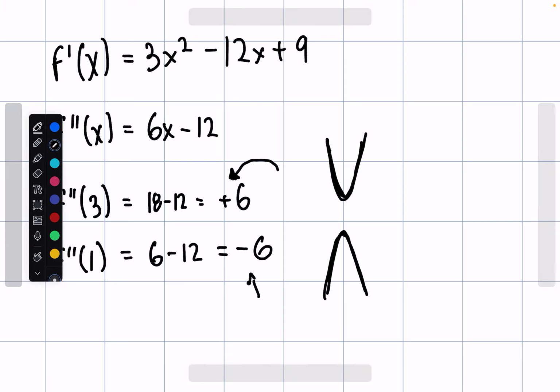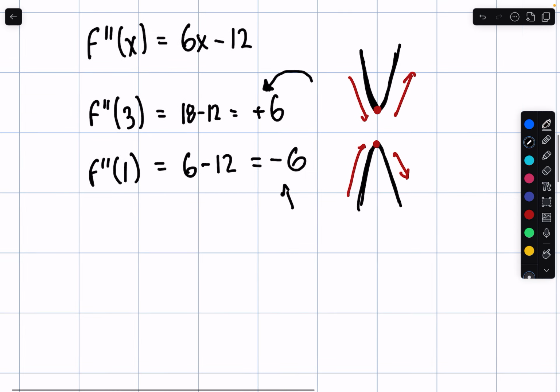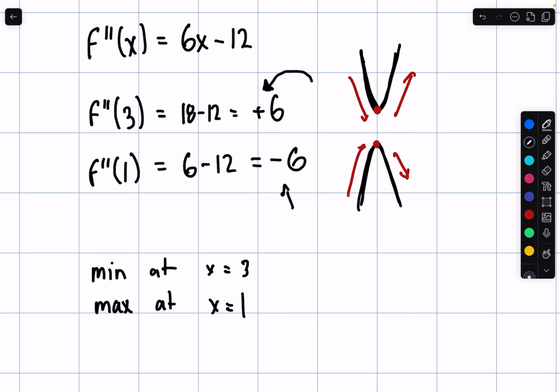And so it's pretty clear to see this means that at x equals 3, we have a minimum, and at x equals 1, we have a maximum, because this goes up, and then it goes down, and this one goes down, and then it goes up. So we have a minimum at x equals 3, and we have a maximum at x equals 1.